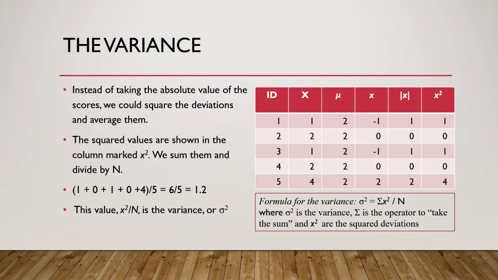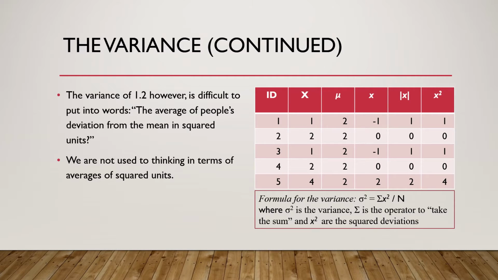The equation for the variance is shown underneath the table. One of the issues with the variance, however, is it's difficult to understand or even to put into words. It's the average of people's deviation from the mean in squared units. Why are we calculating that? It sounds a little bit complicated, and we're not used to thinking in terms of averages of squared units.